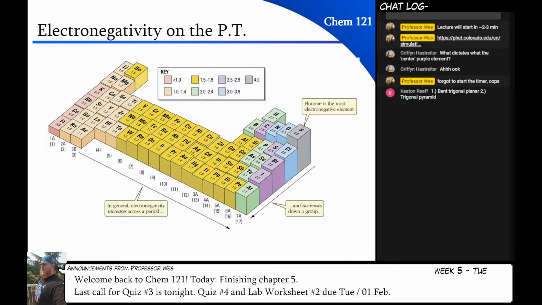And what you'll notice is that as you go from left to right, electronegativity tends to go up. So the low end is over here, and the high end is over here. You'll also notice that as you go down a group, electronegativity decreases.